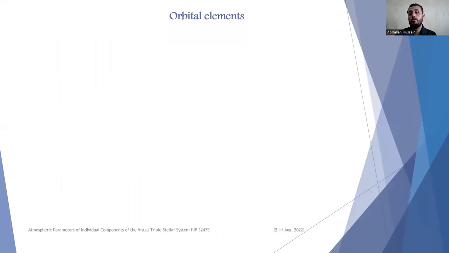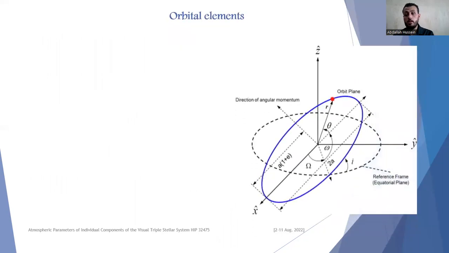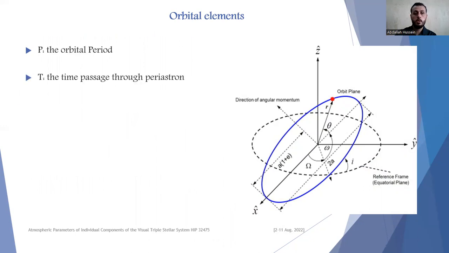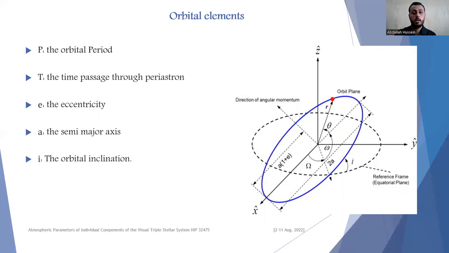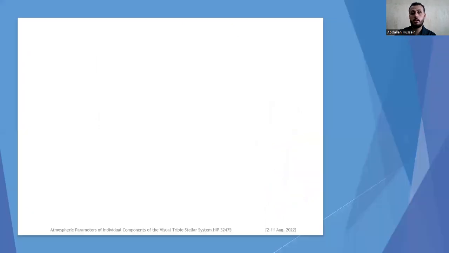Now we talk about the orbital elements estimated from the orbital solutions. We have mainly 7 orbital elements: period, time of passage through periastron, eccentricity, semi-major axis, orbital inclination, longitude of the periastron, and the position angle of the ascending node.